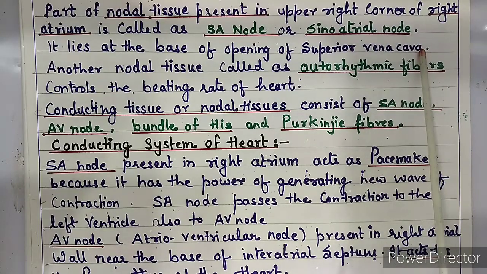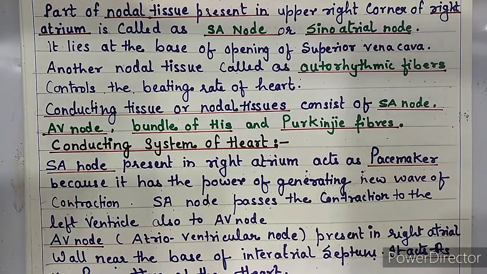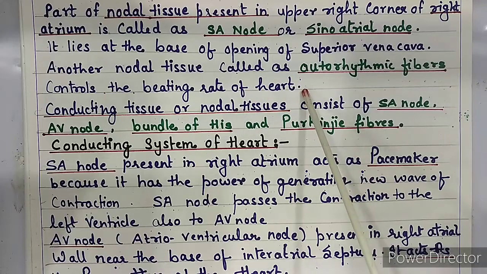We have studied in the diagram of the heart that the superior vena cava or the precaval vein brings deoxygenated blood from the upper side of the body and pours it into the right atrium. Another nodal tissue, children, is called autorhythmic fibers, which controls the beating rate of the heart.